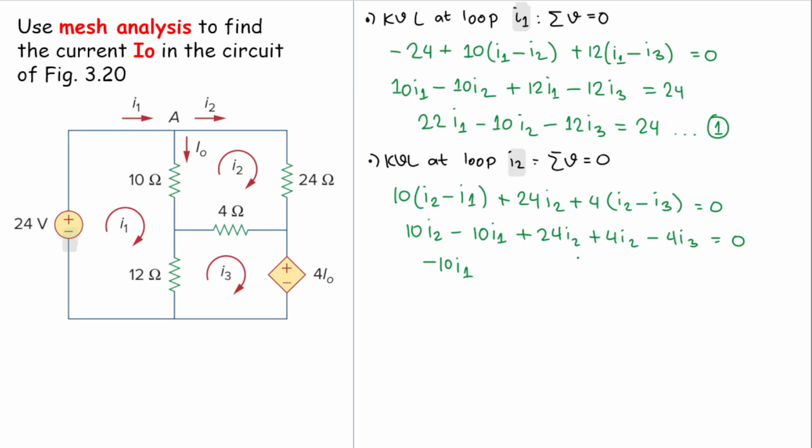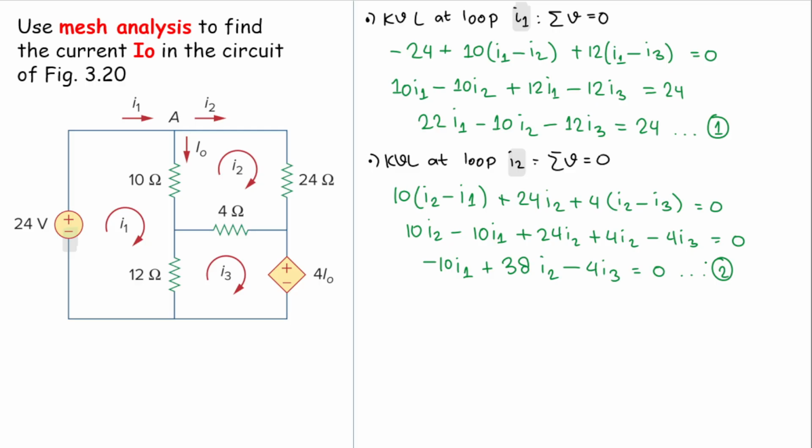And then 10 plus 24, that will be 34. Then 34 plus 4, that will be 38, right? So I have plus 38 of I2. And I3 only appears in this term here. So we'll have minus 4 I3. And all of that will equal 0. Now we have our second equation.